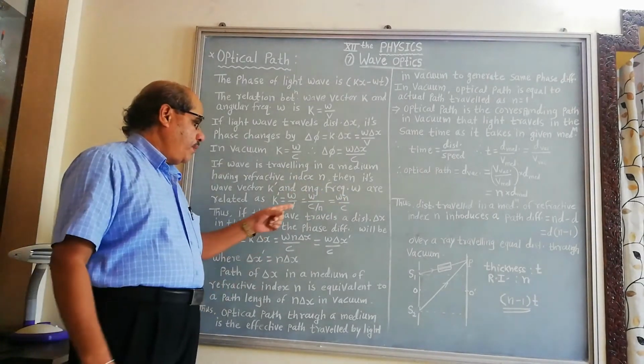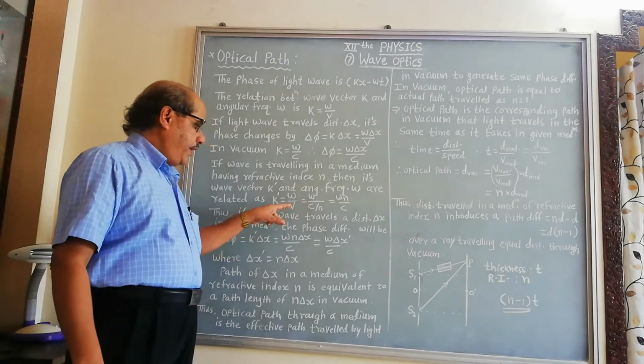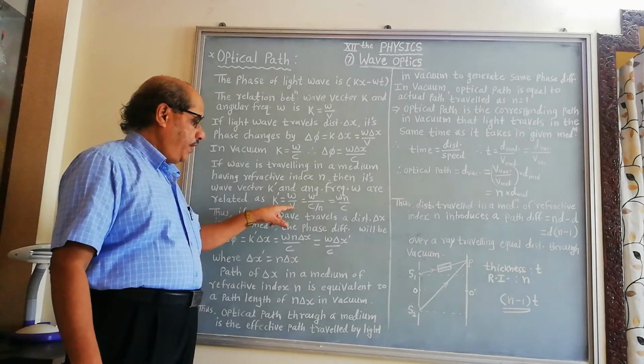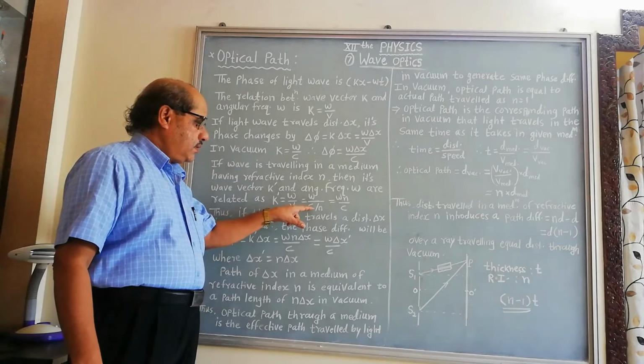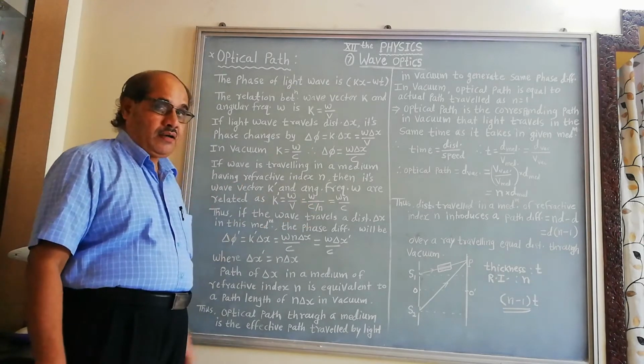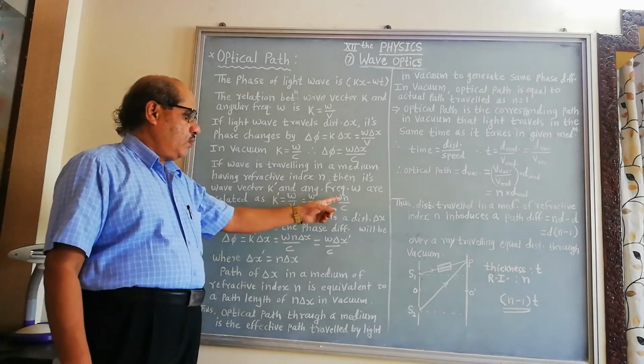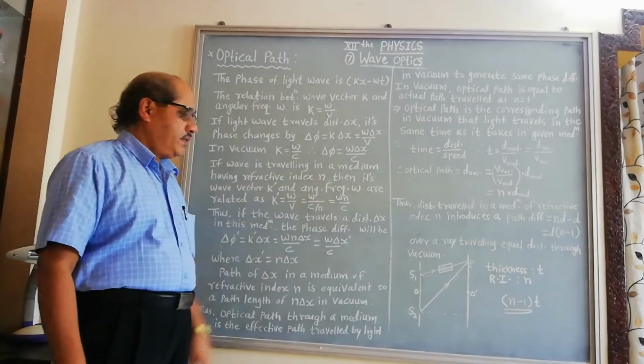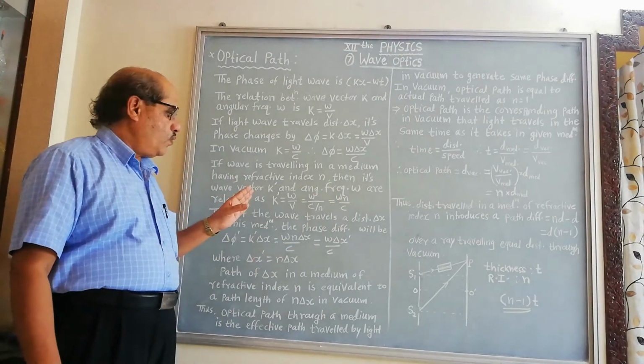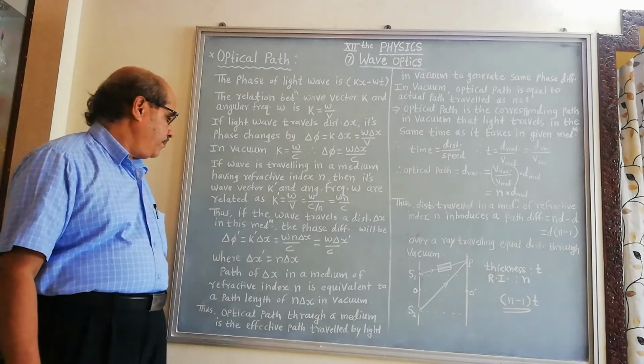Here we have replaced speed v by c upon n. So this is the wave vector.